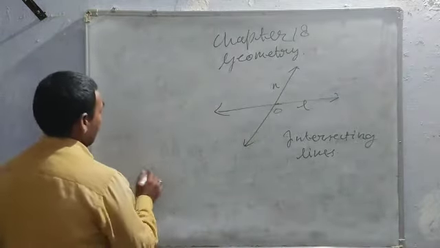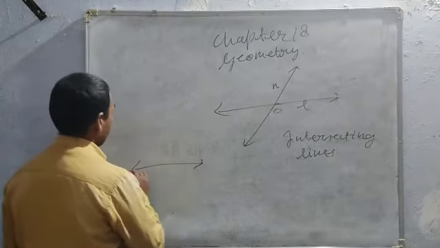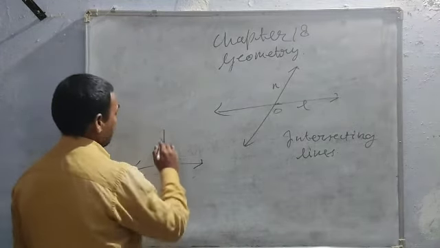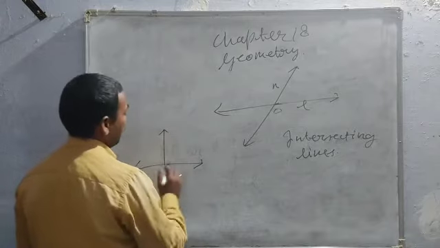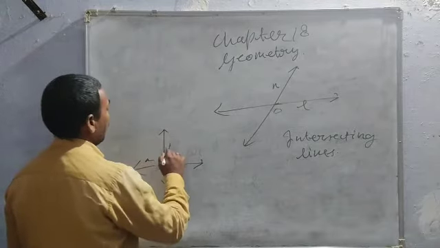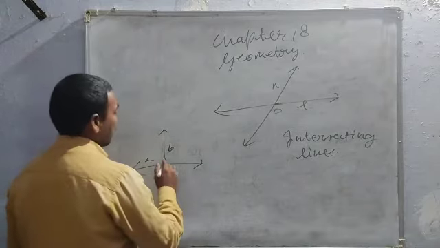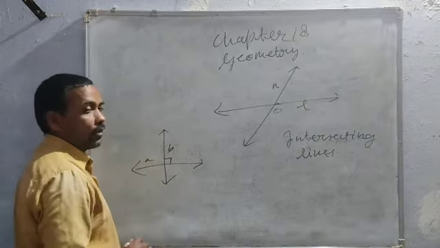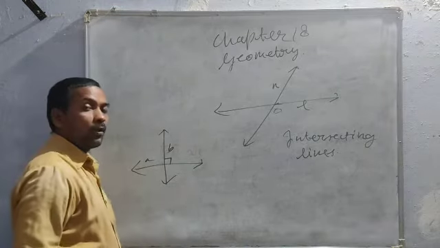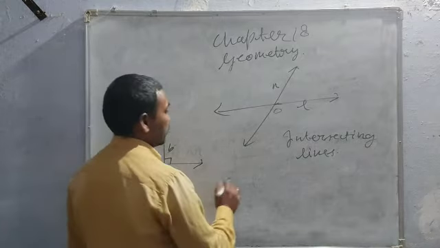Suppose here are two lines, small a and small b. If they intersect at 90 degrees, they are known as perpendicular lines.